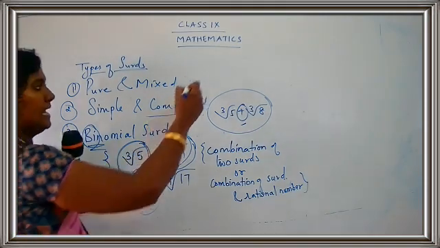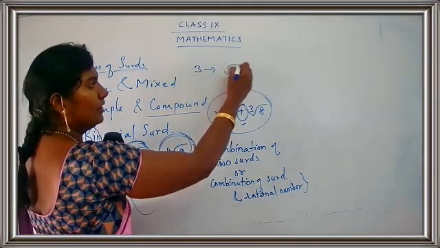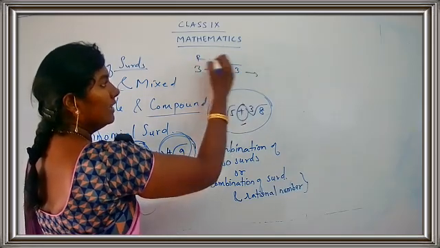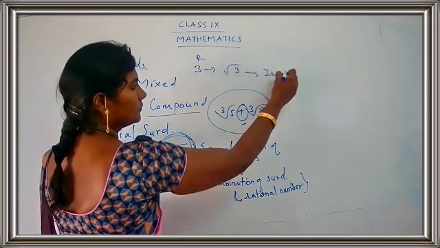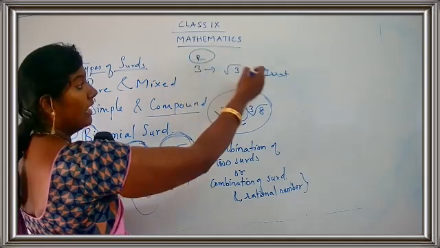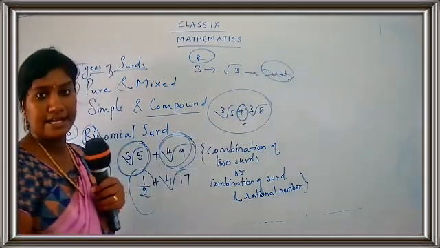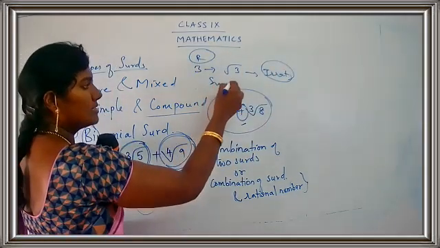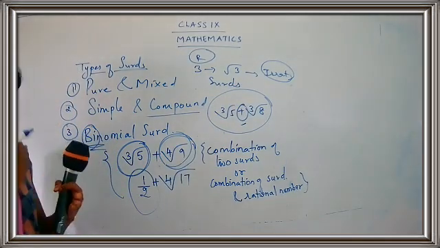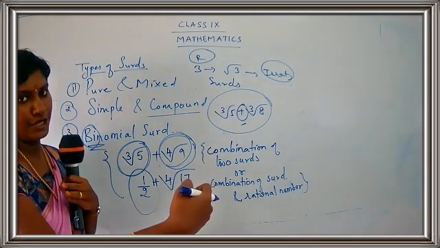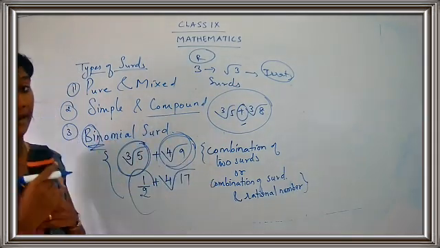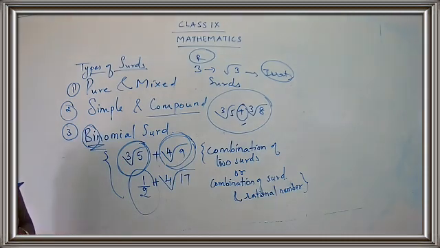That means I take a rational number, and when I take the root of it, I get an irrational number. So I start with a rational and the answer I get is irrational. Such numbers are called surds.